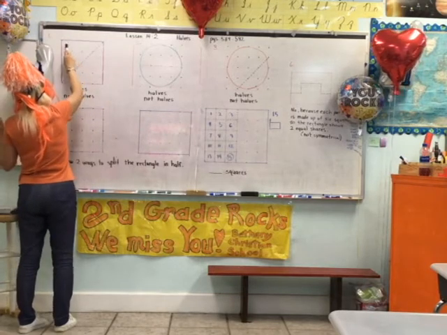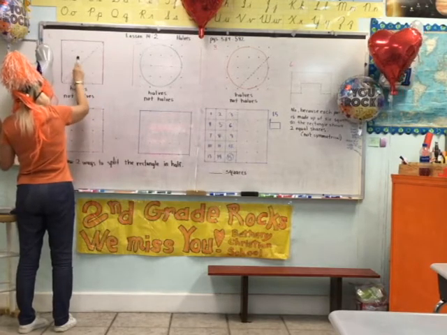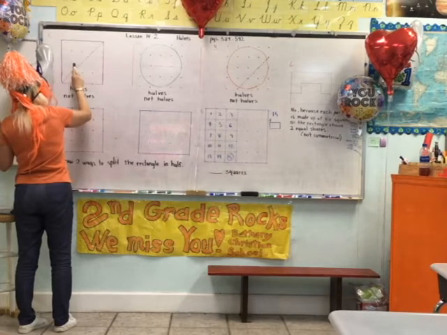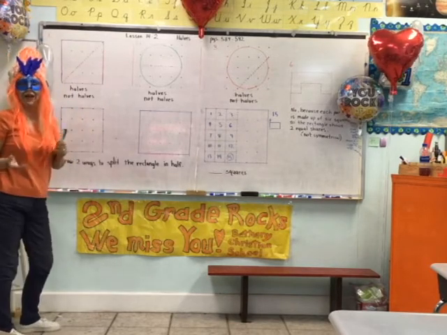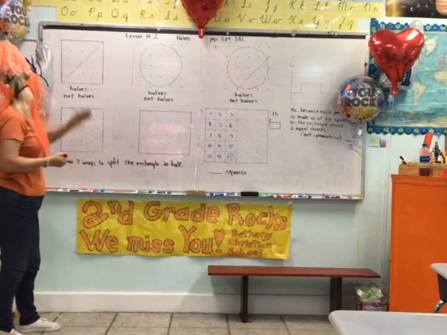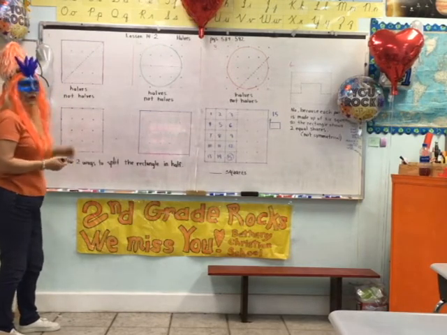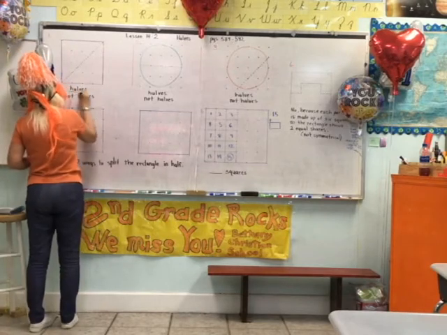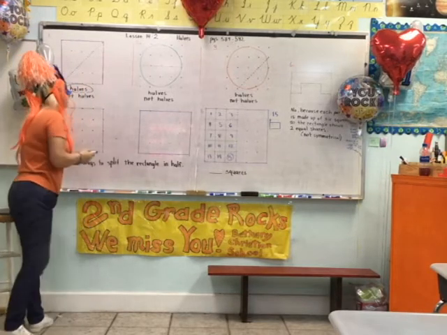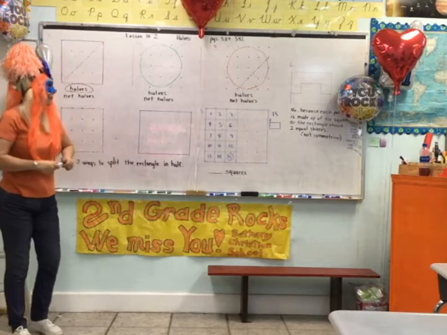And then same thing, 1, 2, 3, 4, 5, 6, these 2 together are 7, these 2 together are 8. So they are exactly in equal halves. If you cut this in half, you could fold it over and it would be the same amounts. So this is halves.